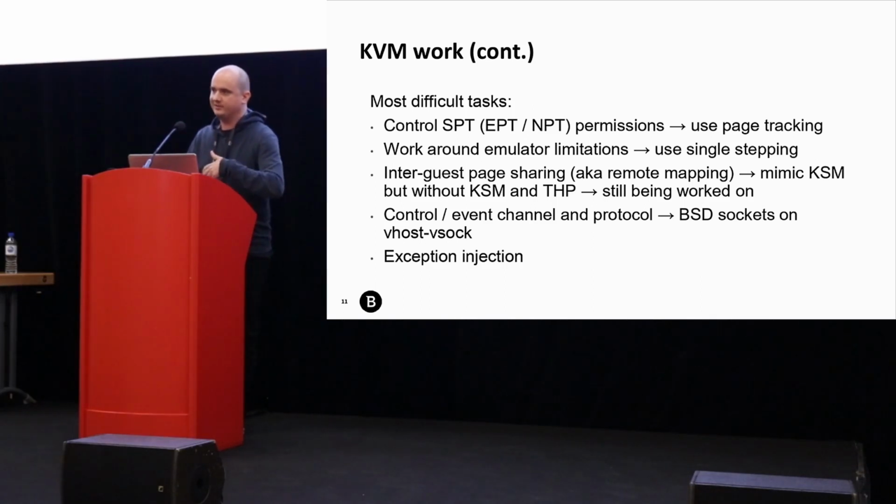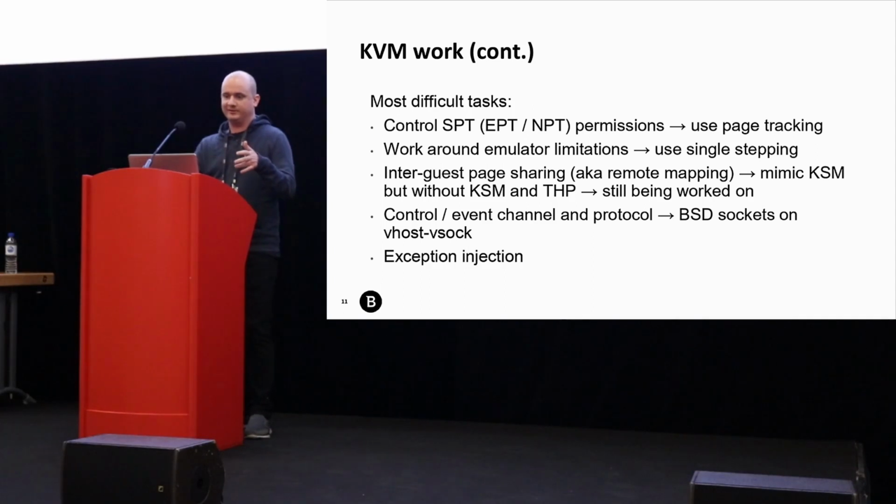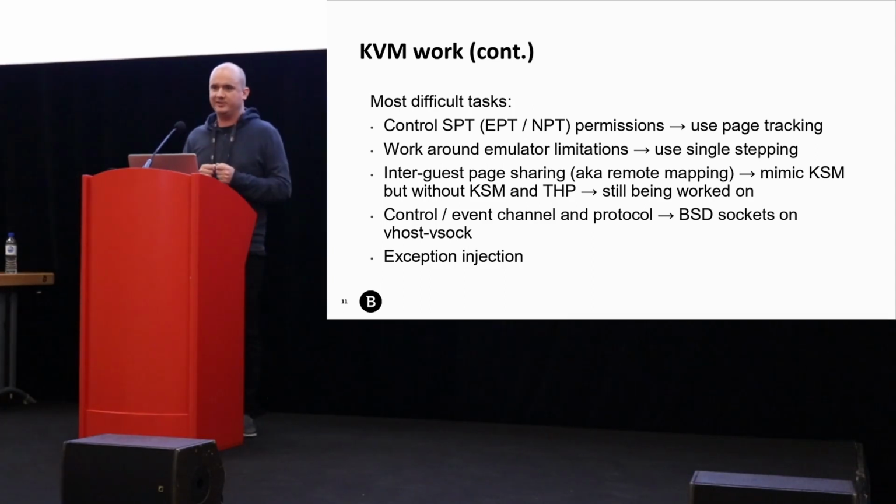Use VMX's monitor trap flag for the vCPU that caused the page fault, but we wanted to move forward without removing the EPT permission bits. We simply single step the current vCPU while all the others are suspended. And then after single stepping, we restore permissions in EPT and let the guest go do its thing.